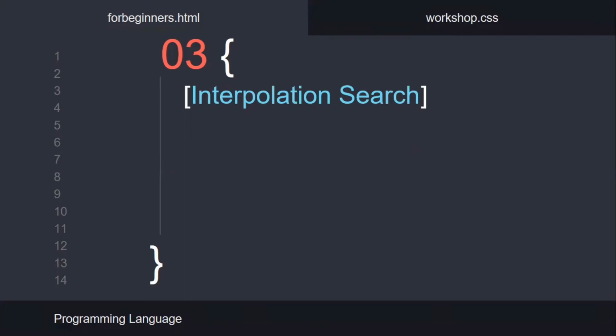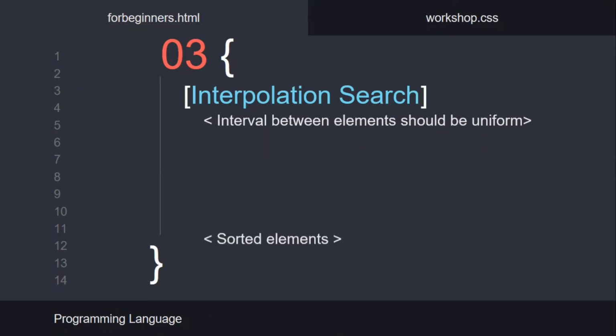First, for interpolation search to work efficiently, the elements should be uniformly distributed. Or in other words, interval between elements should be uniform. So, like in binary search, even in interpolation search, all the elements have to be in sorted order.